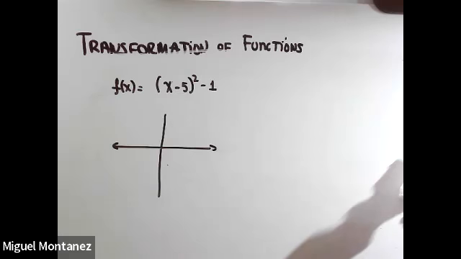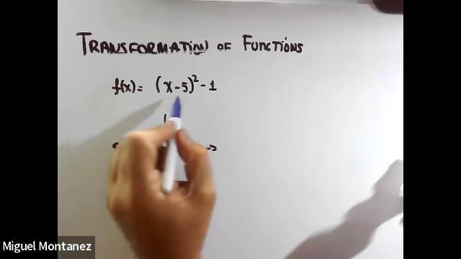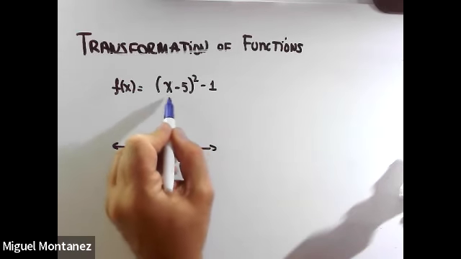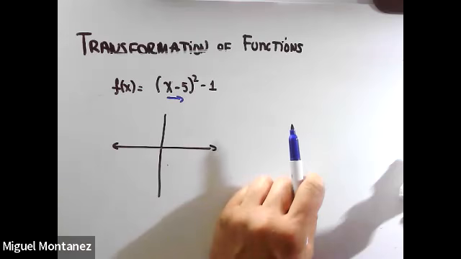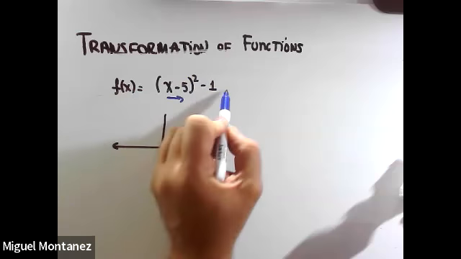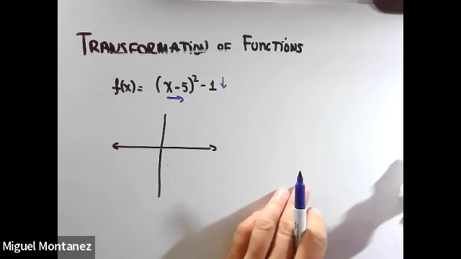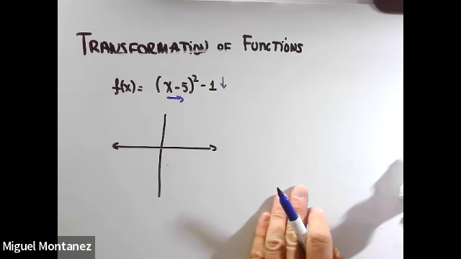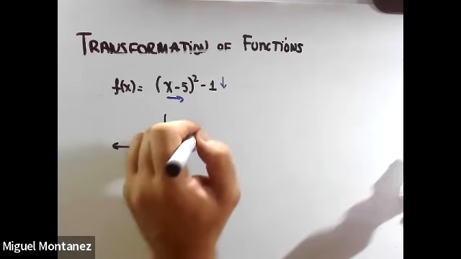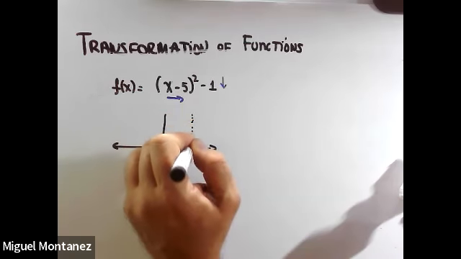Hopefully you guessed this. If I'm subtracting 5 before I square, since I subtract, we don't go to the left, we go to the right. And since I subtract 1 after I square, I'm affecting the output, so this probably pushes the graph down. I like to do the dotted line here at x equals 5.